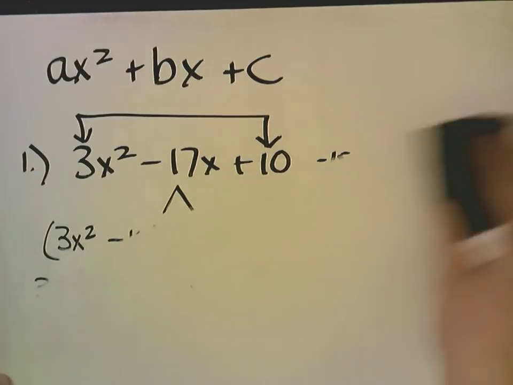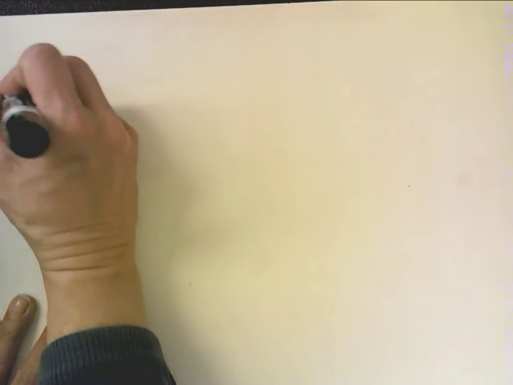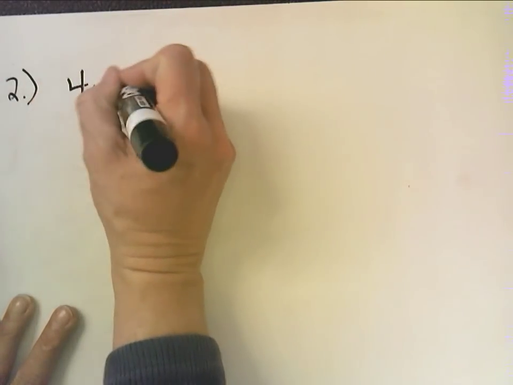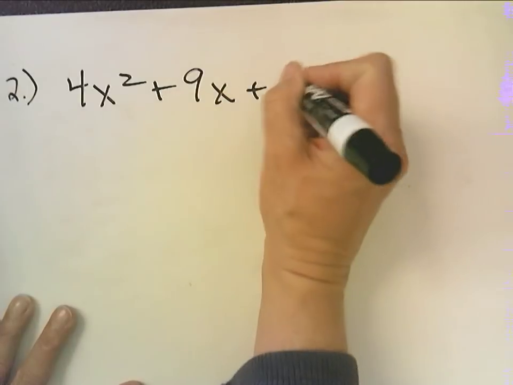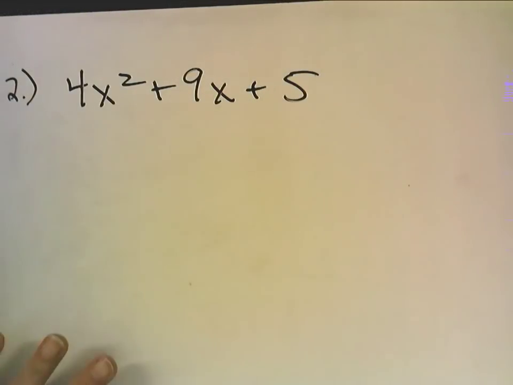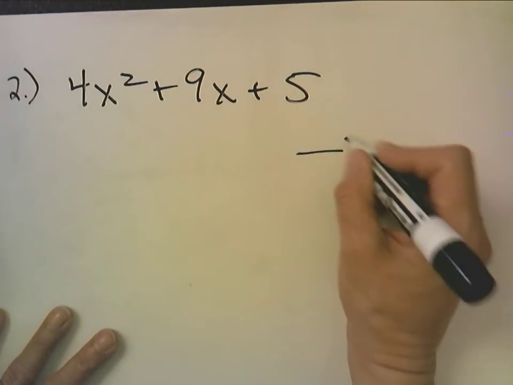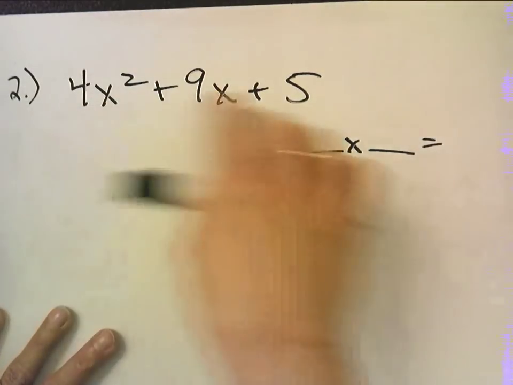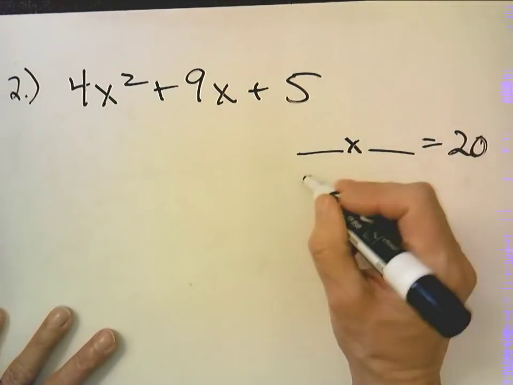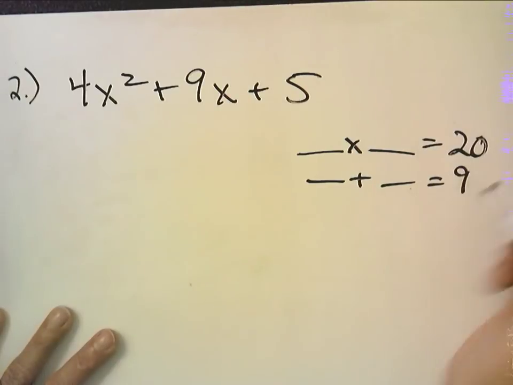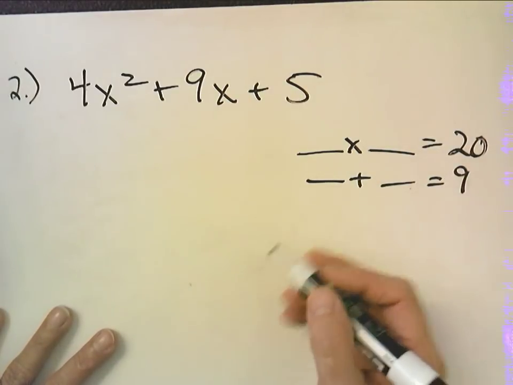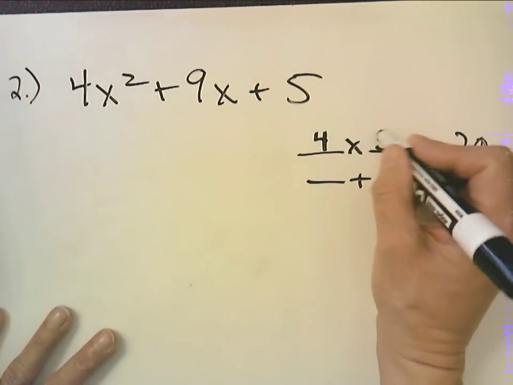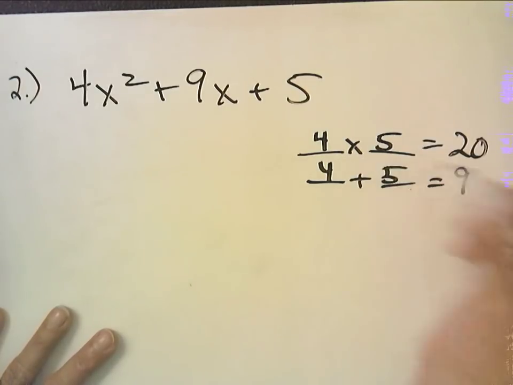Okay, let's look at number 2. We have 4x squared plus 9x plus 5. So now I'm looking for two numbers that multiply a times c to equal 20, but add up to 9. So those would be 4 times 5 is 20, but 4 plus 5 is 9.